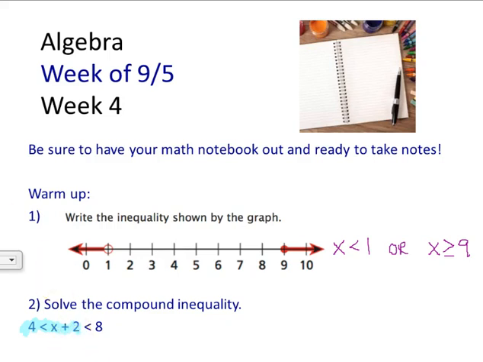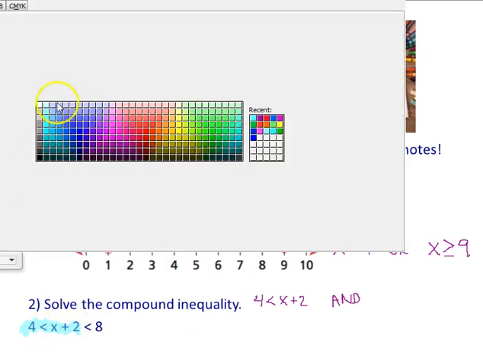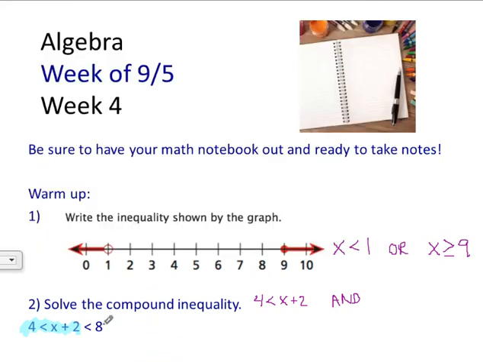So that's one of our inequalities. So let's go ahead and write that over here, that we're going to solve for the inequality that's 4 is less than x plus 2. And because we also have another inequality in there. And the other inequality is the right side, where we've got x plus 2 is less than 8.